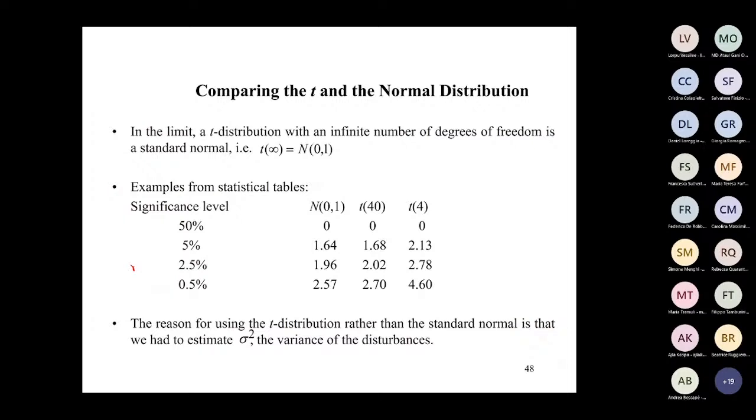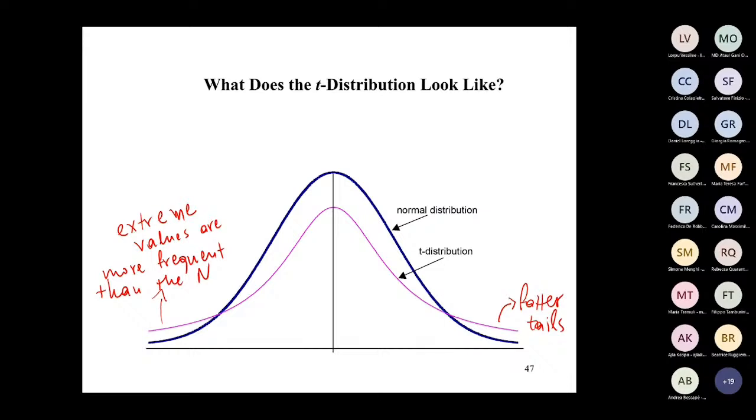Okay, what does extreme values mean? Extreme values means that, for example, -4 or -5 or +4 or +5 is more likely to happen than the normal distribution thinks.